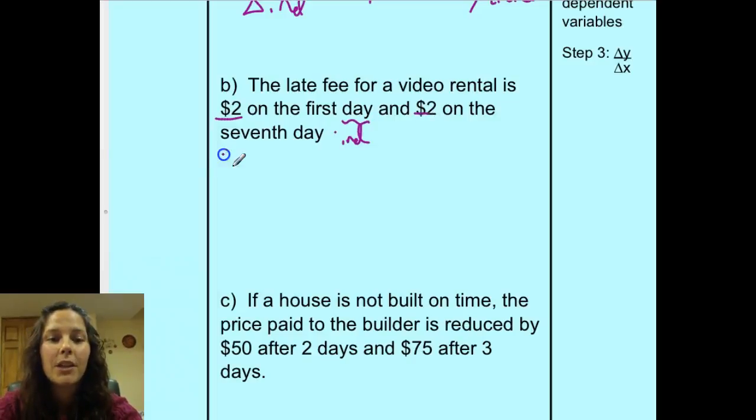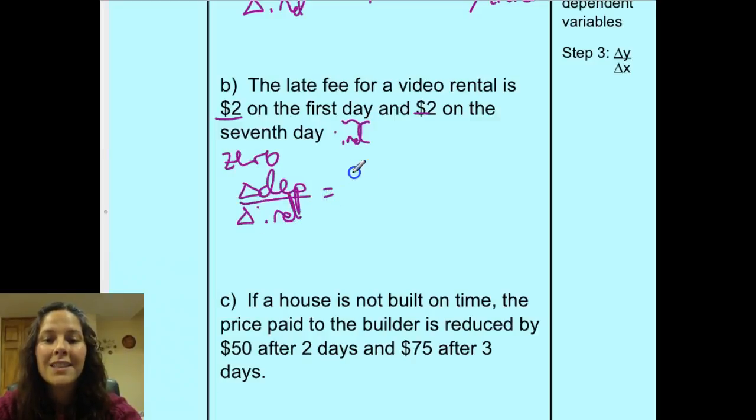This is an example of a zero rate of change because the change in the dependent value is zero. You're paying $2 if it's late the first day, and you're paying $2 if it's late the second day.